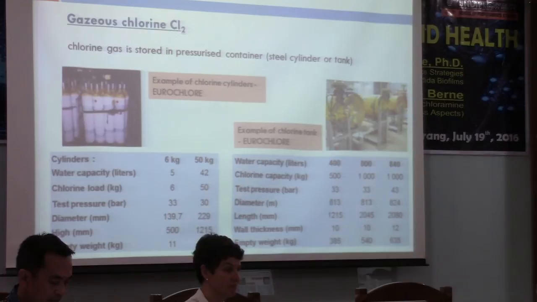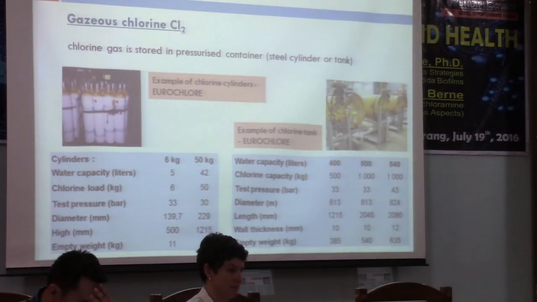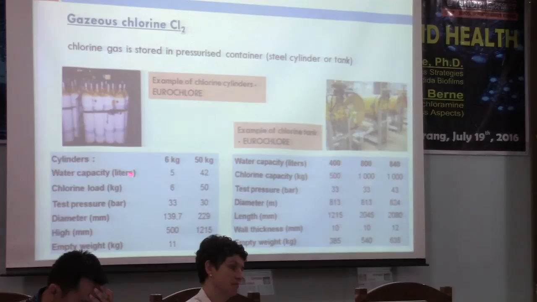For gaseous chlorine, according to the amount needed, you have a cylinder like this for small capacity, or a large tank with high capacity when you have a huge drinking water plant.